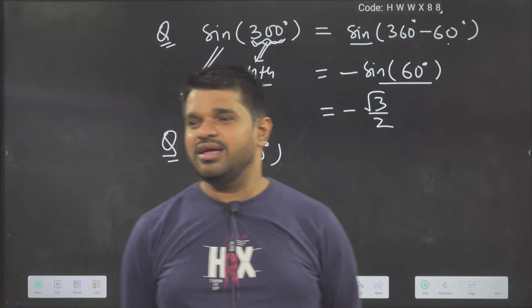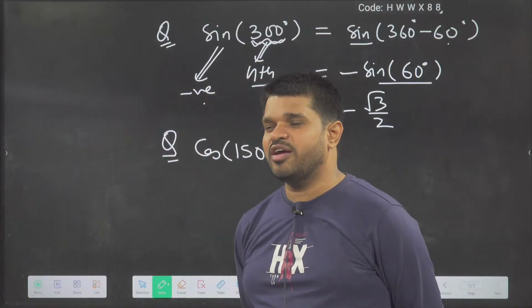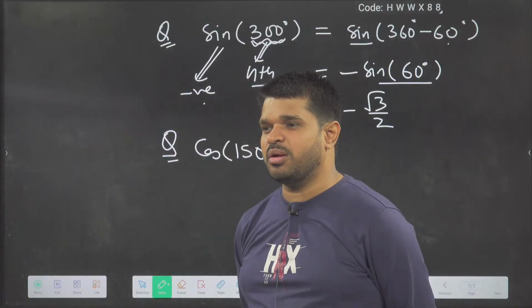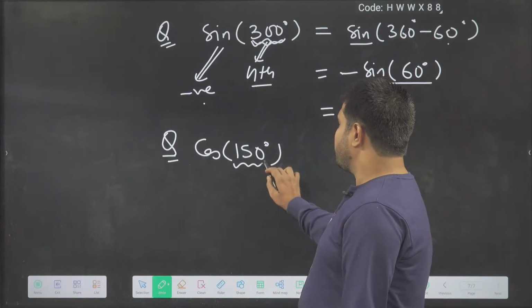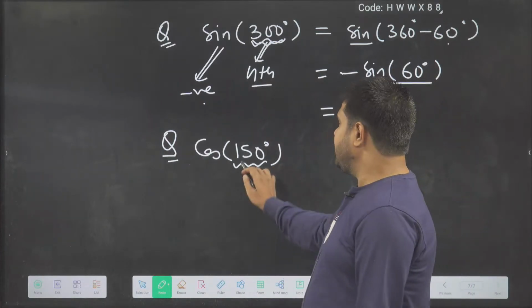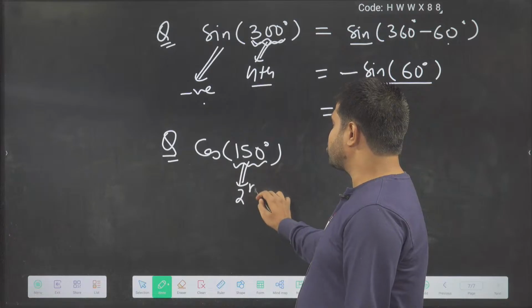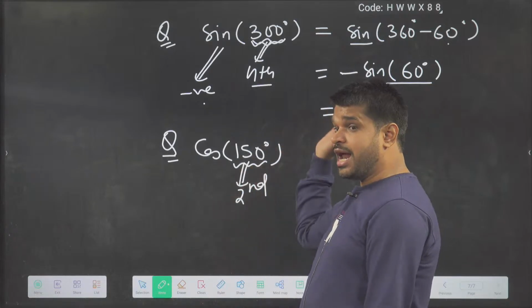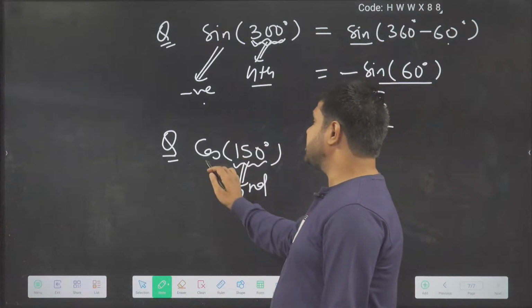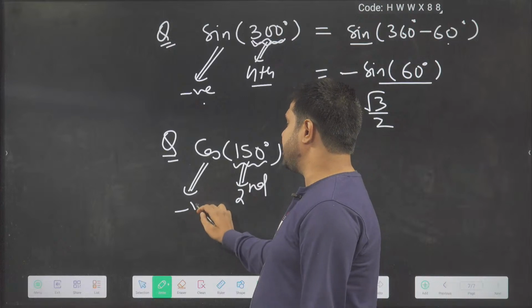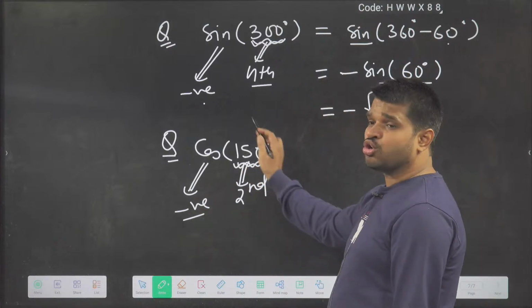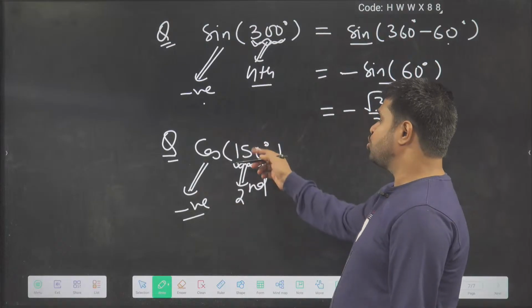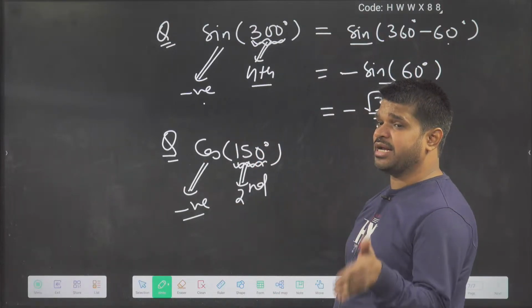If you study for 4 or 5 more minutes, it won't be problematic for you. Okay. First of all, 150 degree is in the second quadrant. Which quadrant? Second, 90 to 180. In the second quadrant, our cos is negative. So the answer will be negative. 150 is close to 180 degree, so you can write it as 180 minus 30.